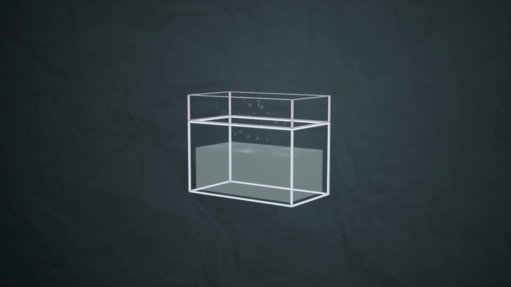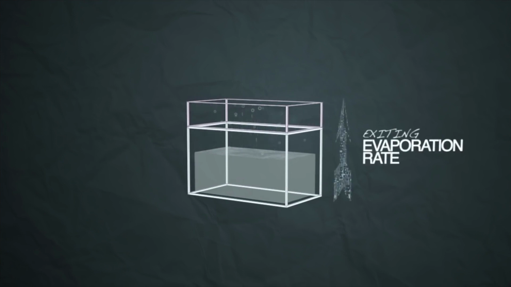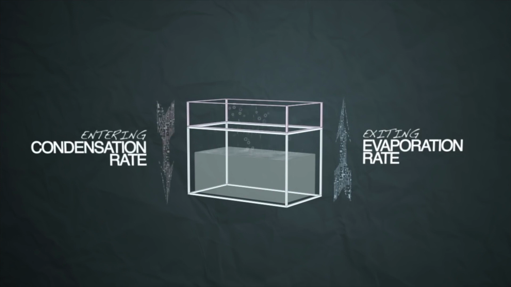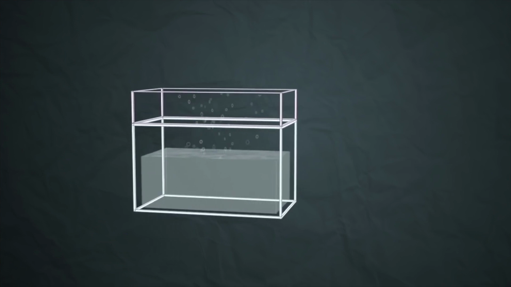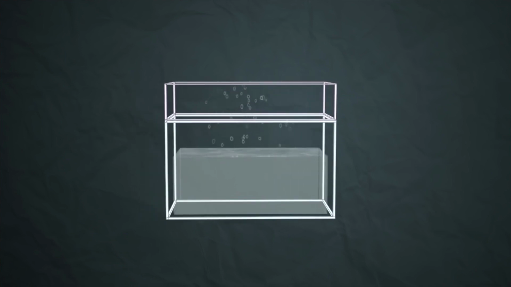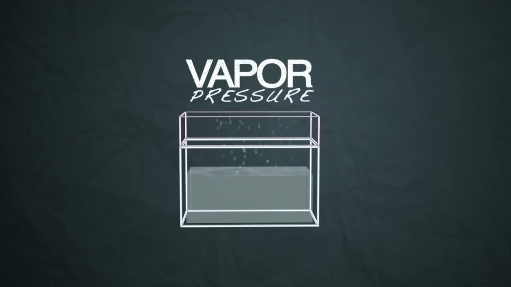As this happens, you finally reach a state at which the exiting evaporation rate equals the entering condensation rate, and you reach what we call equilibrium. When those two rates are equal, you establish a constant pressure inside your container. That pressure is called the vapor pressure of that liquid. In the case of water, you would say it's the vapor pressure of water.